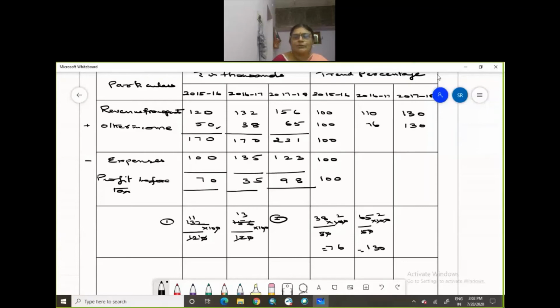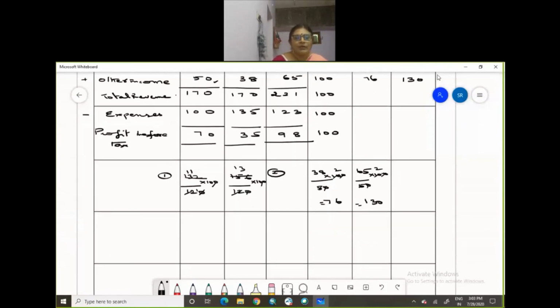Next we go to total revenue. The base is 170. For 2016-17 it is 170, so 170 divided by 170 into 100 gives 100, so the trend percentage is 100.